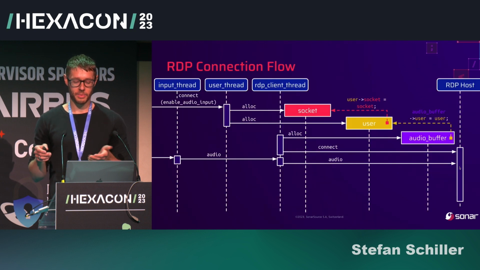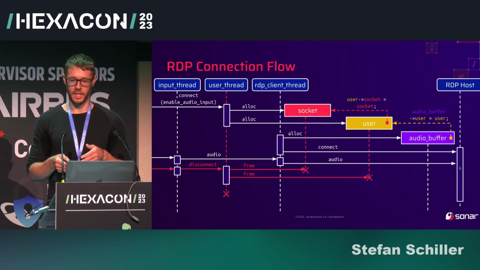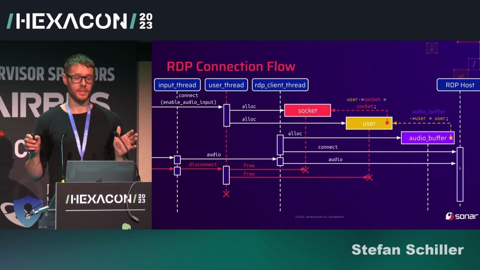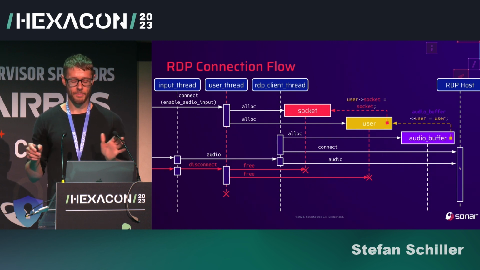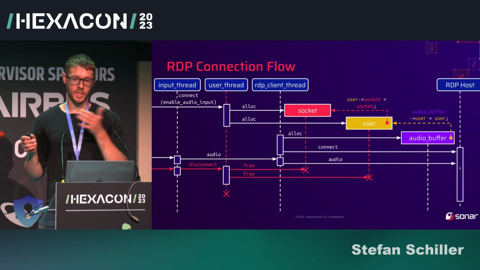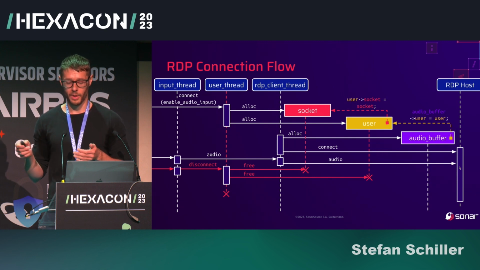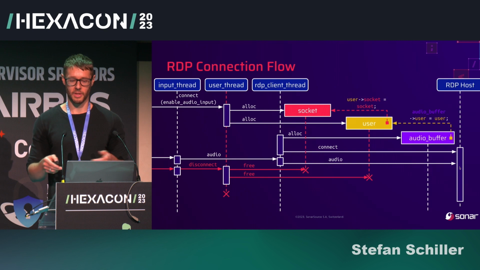We are at the point where the RDP connection is established and the user already spoke into their microphone to transmit some audio data. Now the user decides to disconnect from the session. This tears down the user thread, which frees the memory allocated for the socket and the user. The RDP client thread responsible for handling the RDP connection is still running though, waiting for messages from the RDP server.